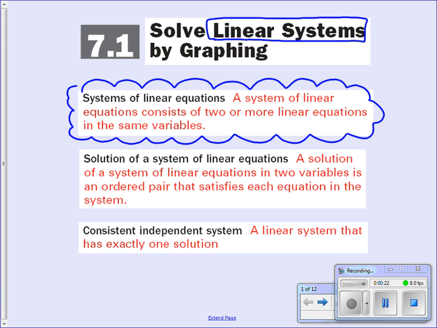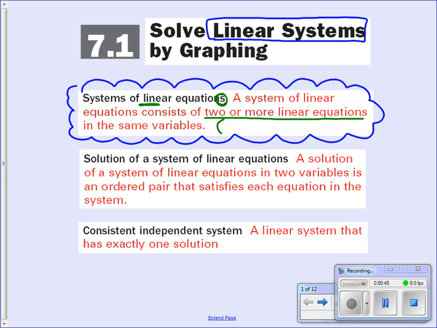So if I ask you what a system is, you should be able to answer: a system of linear equations. Linear means we're going to have lines. Equations means multiple, right? The S means plural. So a system is just that: two or more equations that have the same variables.